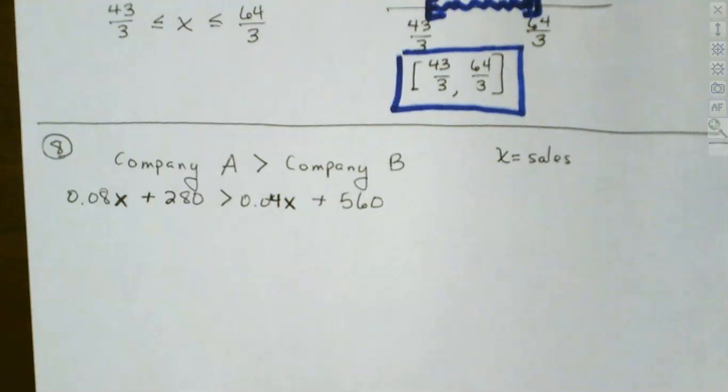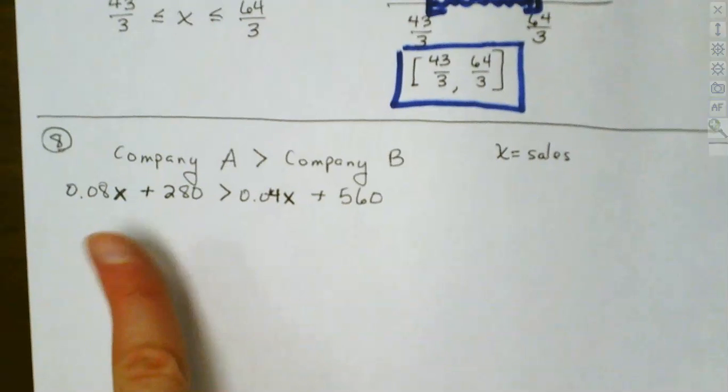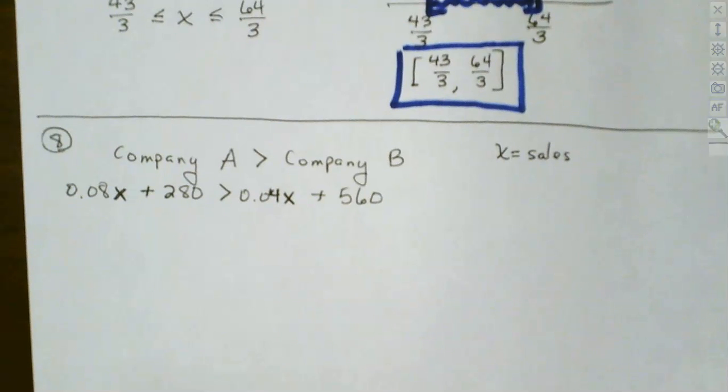You should be able to finish it from here. It's not going to be difficult at all to finish. We're trying to find how many sales we need to make sure that we get more on company A. So you'll solve it out. You'll move that 280 over.